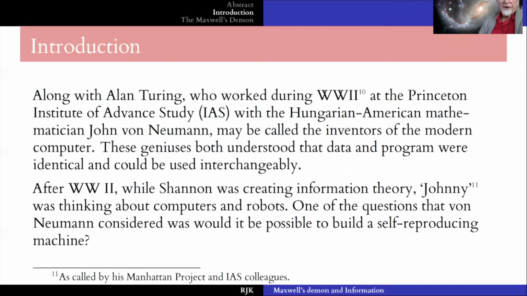Along with Alan Turing, who during World War II, while he was at Bletchley, designed the first automatic computer. He also worked at the Princeton Institute for Advanced Study in World War II, where John von Neumann actually came back from the Manhattan Project and worked with Turing for 2 months.